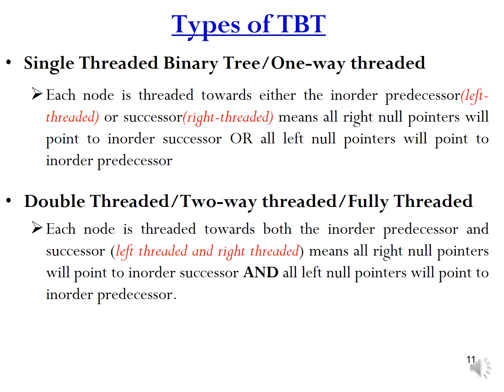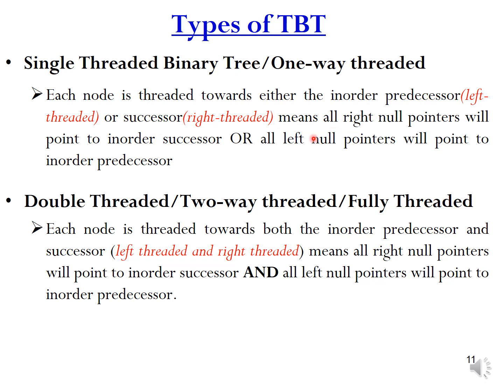If we talk about the types of threaded binary tree, there are basically two main types. The first is the single threaded binary tree, also known as one-way threaded. The second is the double threaded binary tree, also known as two-way threaded or fully threaded. In a single threaded binary tree, each node is threaded towards either the in-order predecessor, which is left threaded, or the in-order successor, which is right threaded.